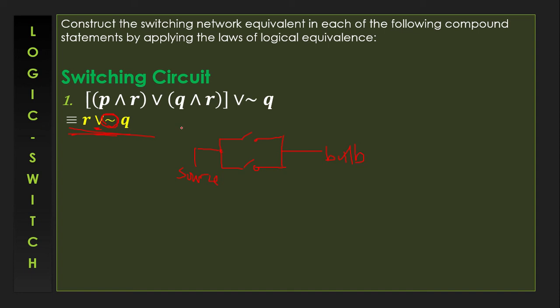And you have R, and we'll just use not Q for this case. We will just put a circle here as an indication that these two are connected to this wire. So this is our switching network or circuit for the simplified expression.